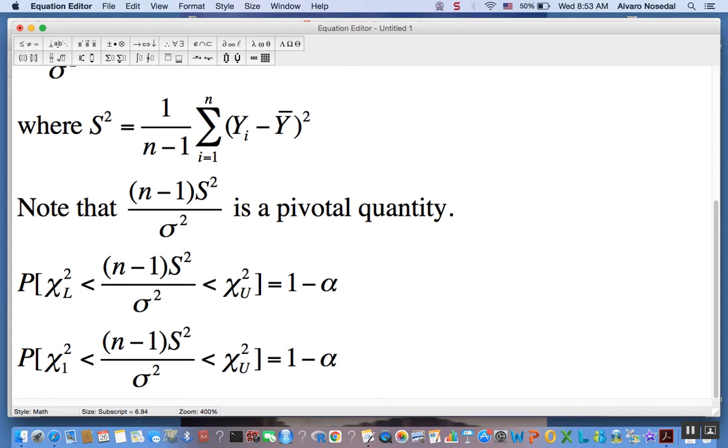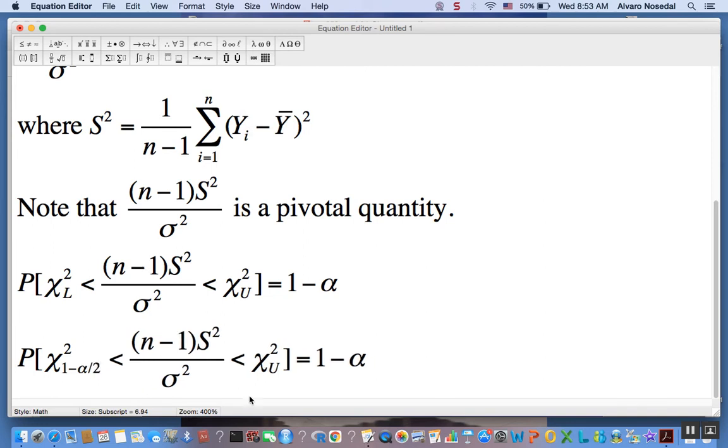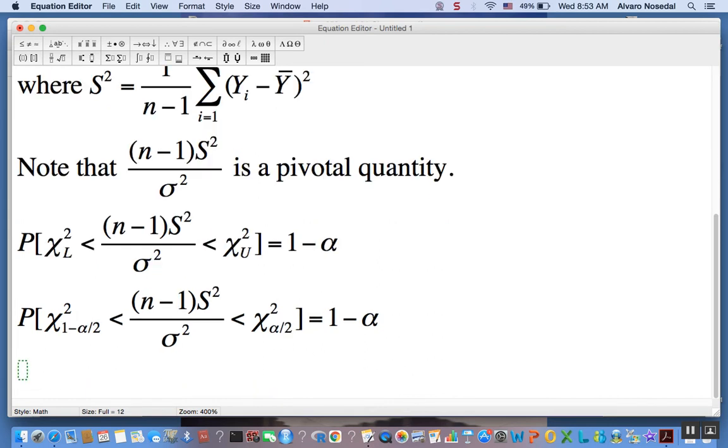So we have 1 minus alpha divided by 2. And here we have an area of alpha divided by 2 to the right of this guy. Make sense? Okay.